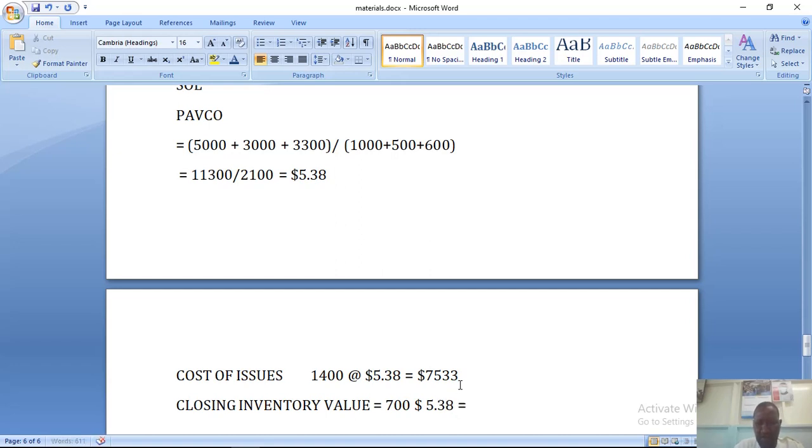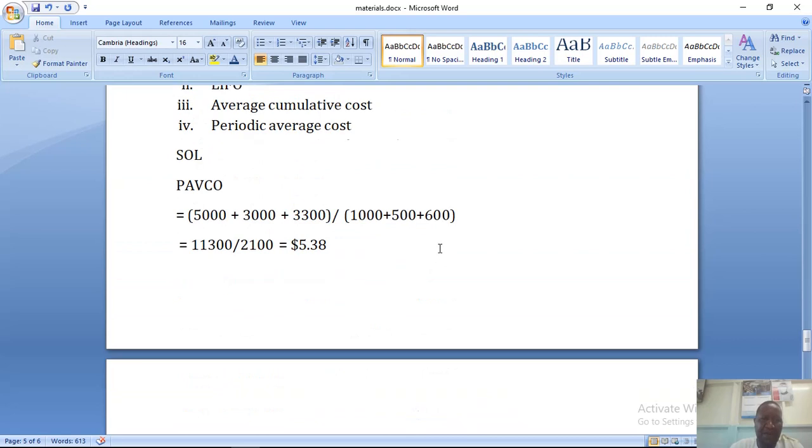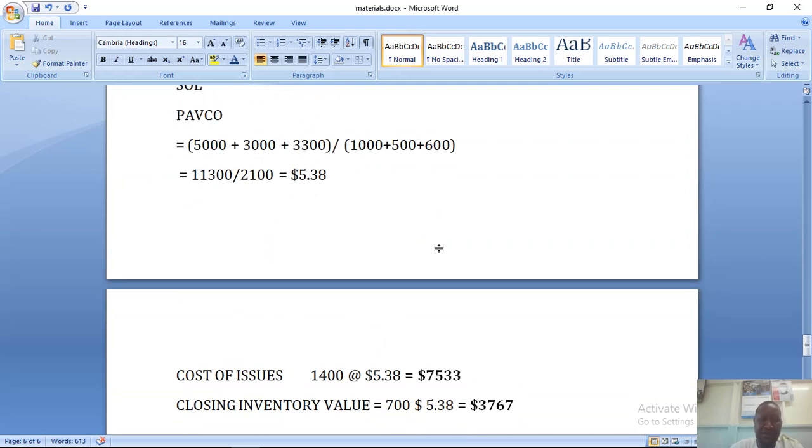What's the total value of closing inventory? Tap that in the calculator, you have 3,767. 3,767 is the value of closing inventory. So we have closing inventory value and cost of issues value there, and that's the periodic average cost method.